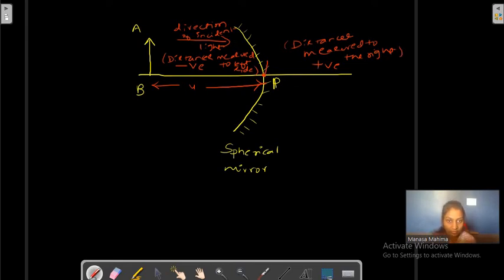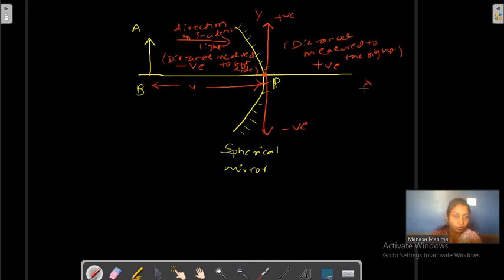And whatever distance is perpendicular to the principal axis and above, we have to consider positive, and whatever distances we take down are taken to be negative. Here I can take this as the y-axis, and that as the x-axis. Whatever points I discussed, I have written diagrammatically, which you can easily understand.